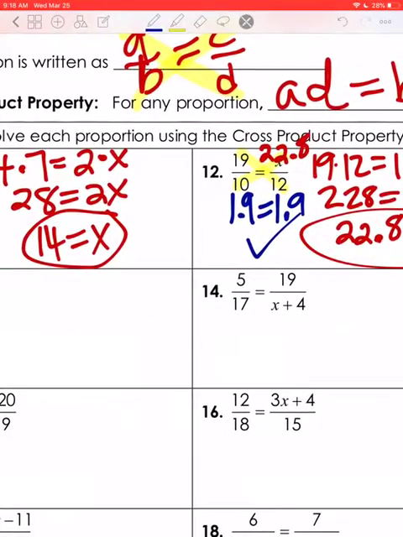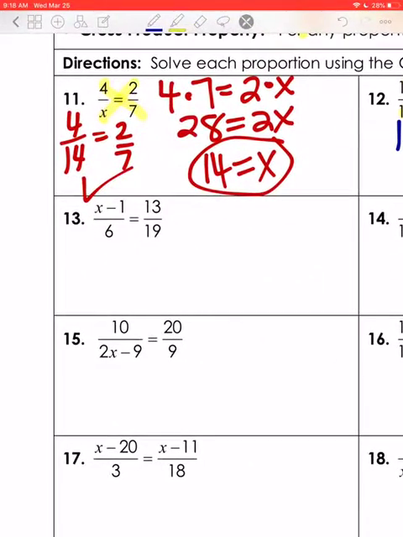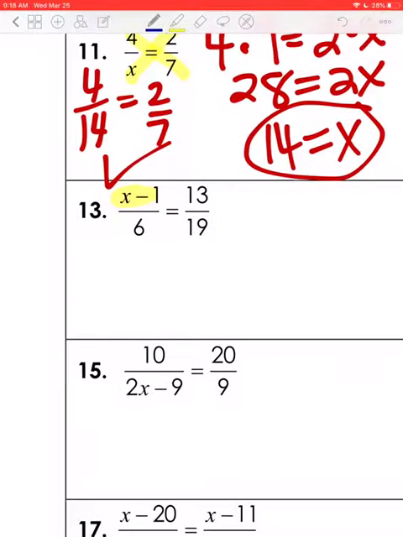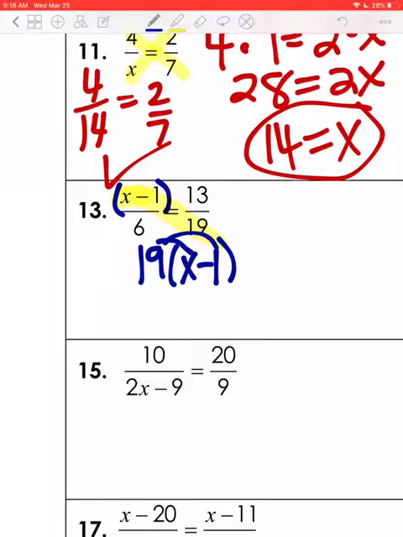equal sign. Okay, 13. So this one with x, we now have a binomial, so not just x. When you have that, you need to group it up because we're going to multiply that across with the 19, and I want to write it like this, 19 times the quantity of x minus 1, so I don't forget to distribute, okay?